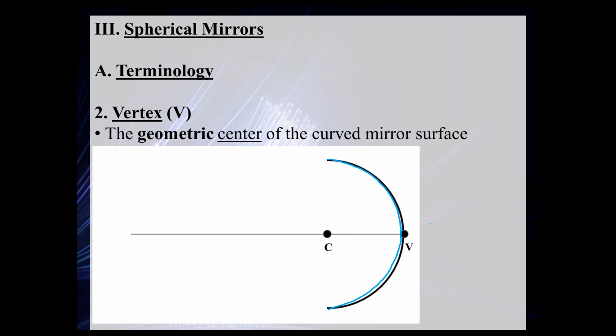I suppose another way to think about this is if you envision a parabola that goes up and then comes back down, this very top point up here is your vertex.